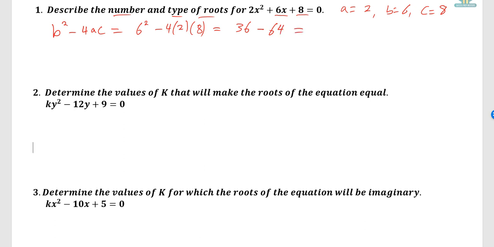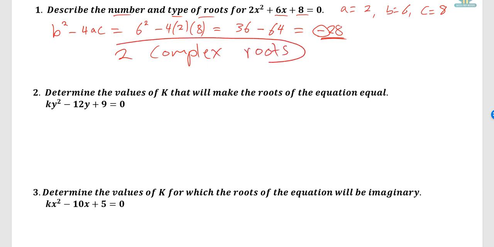So 36 minus 64 is equal to minus 28. Okay, so since the discriminant is negative, less than 0, we have two complex roots. Okay?